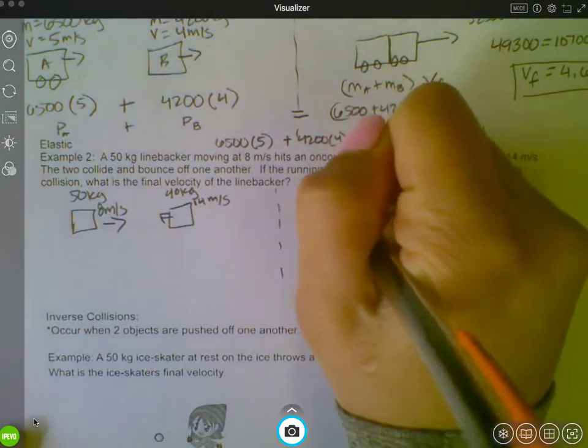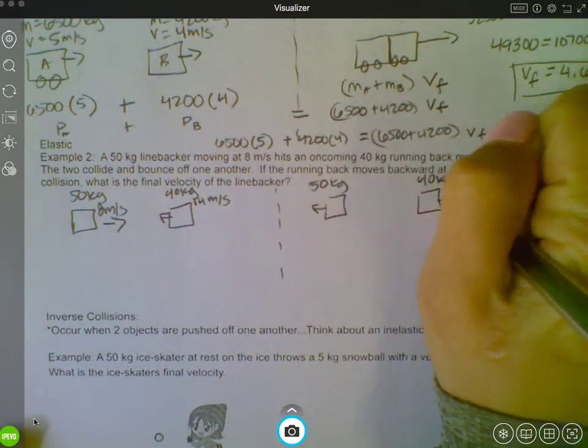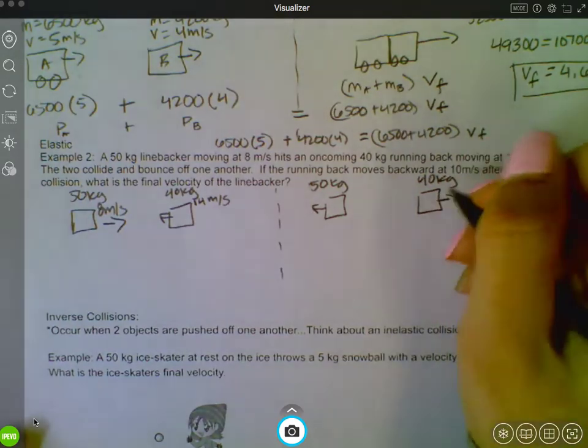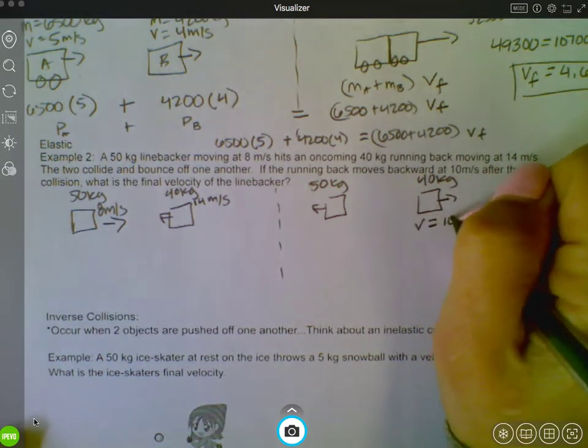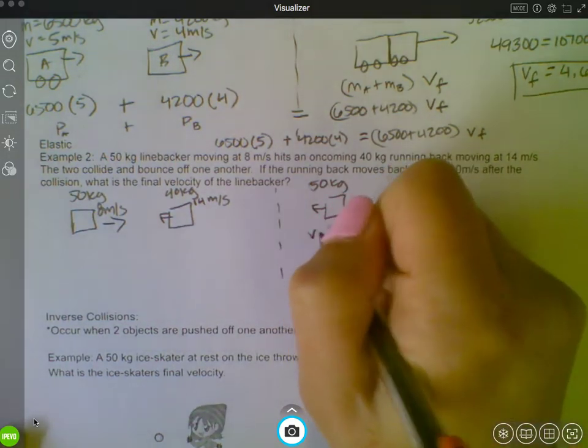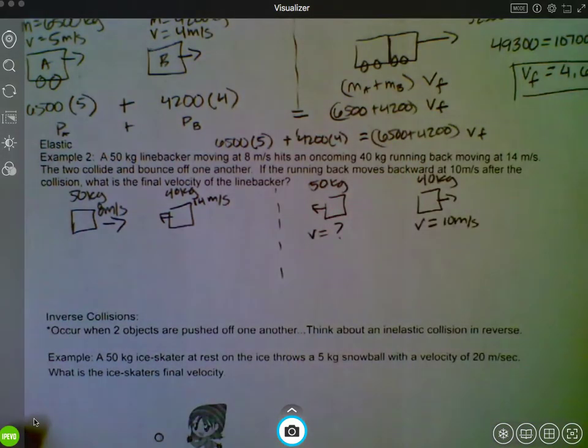I'm going to say their masses stay the same, right? They don't trade mass or anything. Okay, and I'm going to say, let's say the linebacker is moving at 10 meters per second backward. Okay, afterward, I don't know the running back's velocity after. Okay, and that's what we're trying to find.